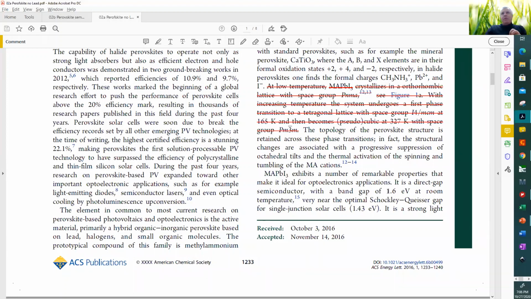It has a band gap of 1.6 eV, so that puts it in the red, I think. And it's near the optimal gap for single junction solar cells. So 1.43 is the solar maximum in output, and 1.6 is close to there, right?